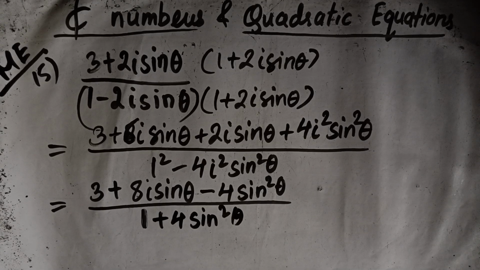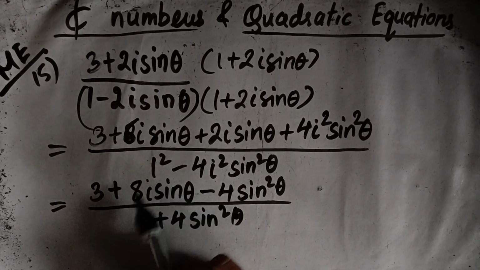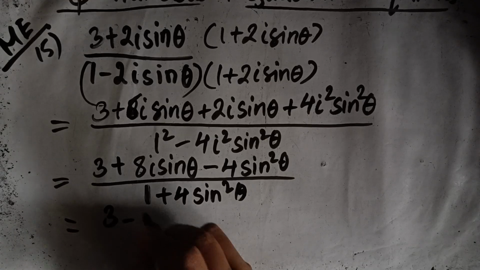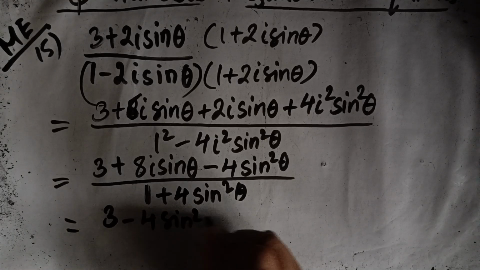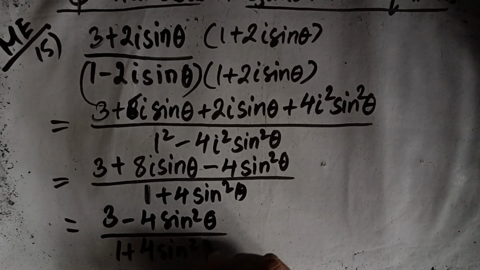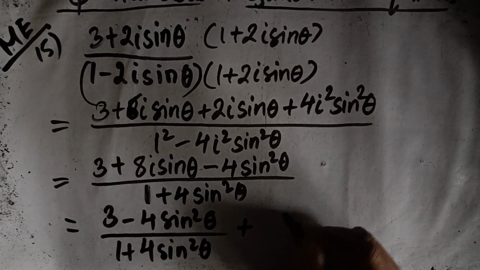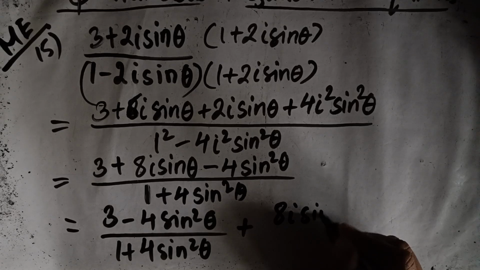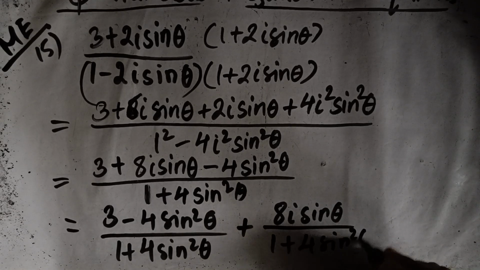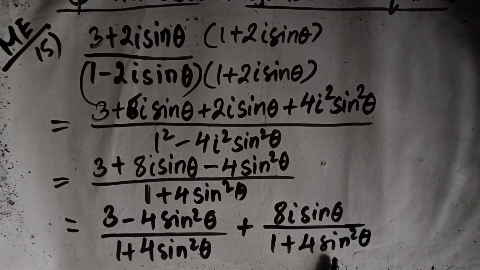Okay, so this is 3 plus 8i sin theta minus 4 sin square theta. This part is imaginary, so we'll split it. So it will be (3 minus 4 sin square theta) upon (1 plus 4 sin square theta) plus 8i sin theta upon (1 plus 4 sin square theta). Okay, this is the imaginary part.